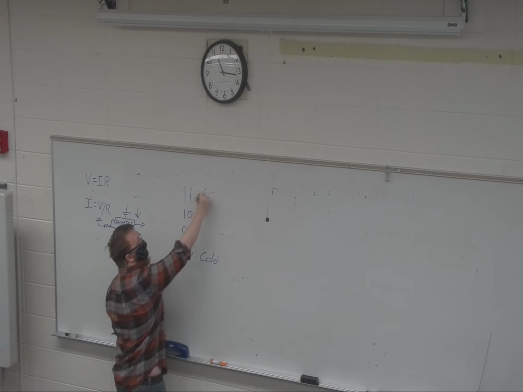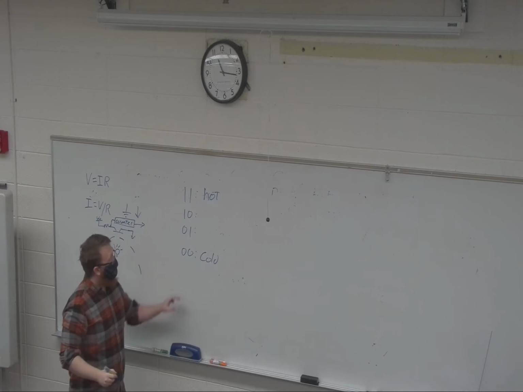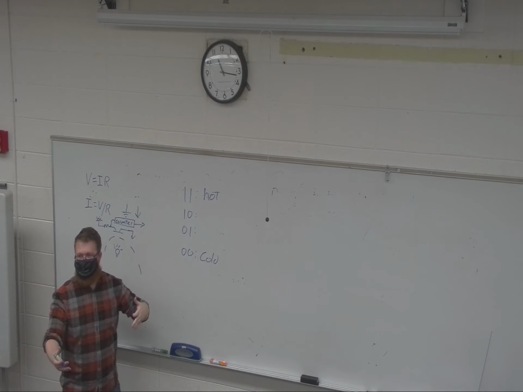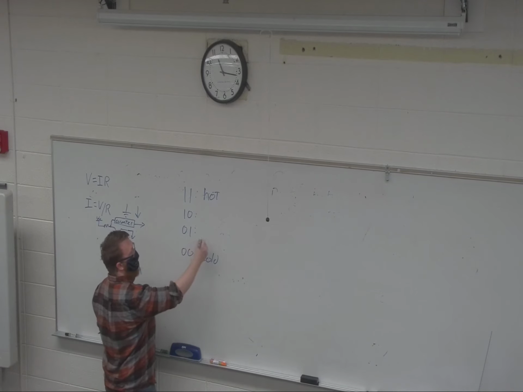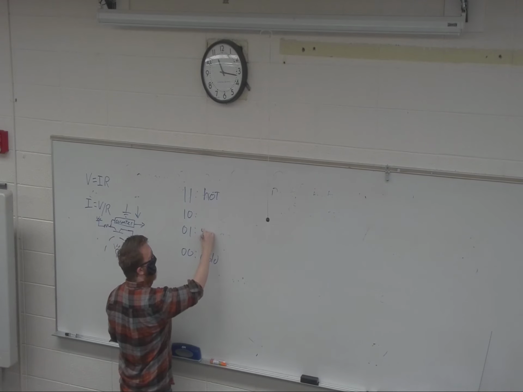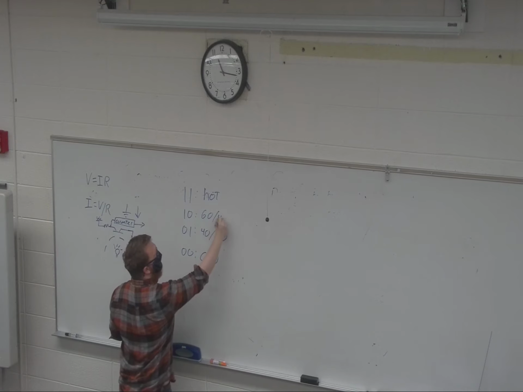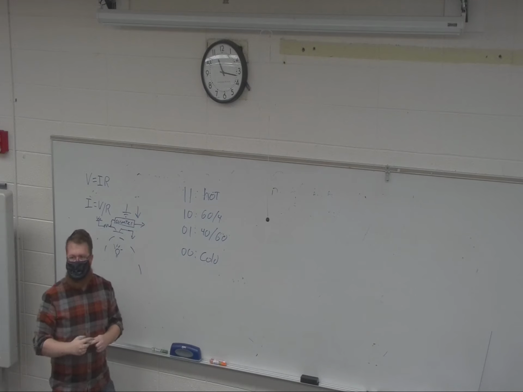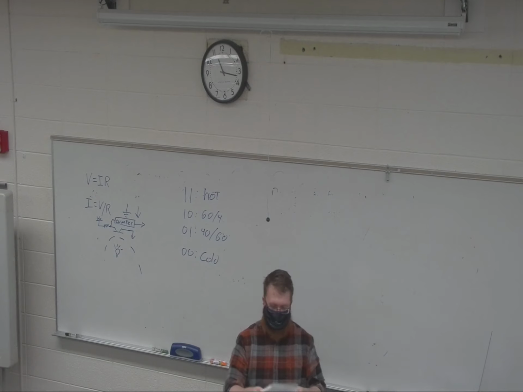Now I'm going to jump all the way up here and say if it's 1, 1, it's hot. And these middle states could be 2 potential levels of warm water, right? So this is, let's say, a 40-60 ratio, and this is a 60-40 ratio, getting hotter and hotter as we go on. So that's what I mean when I say Boolean states.